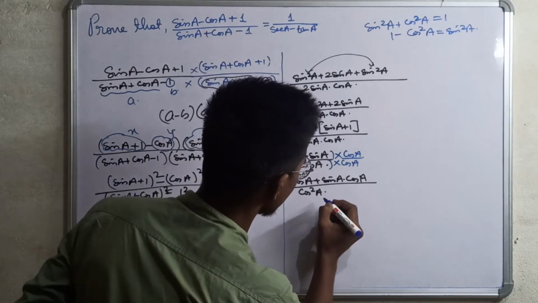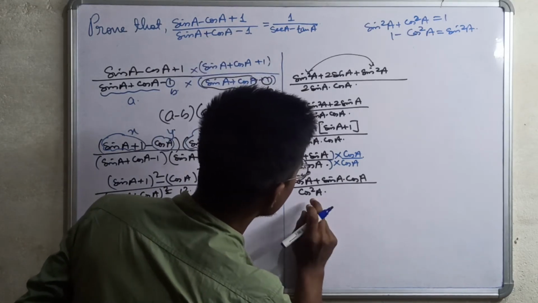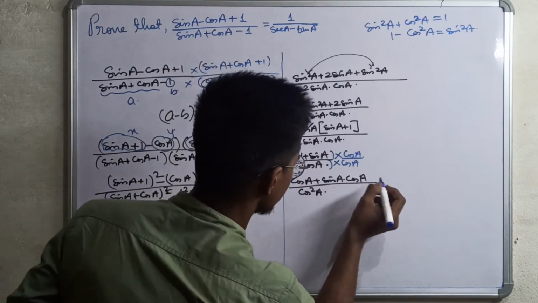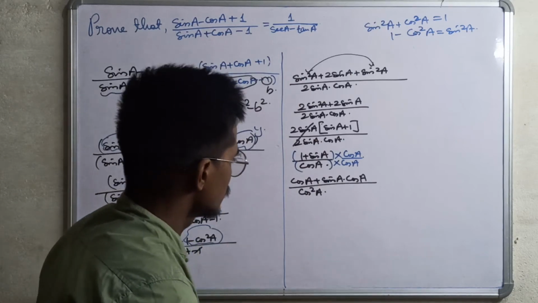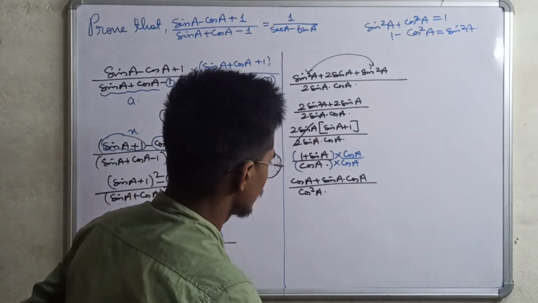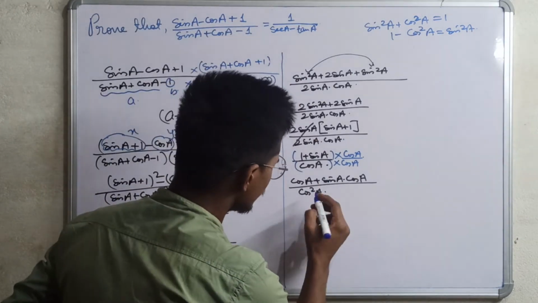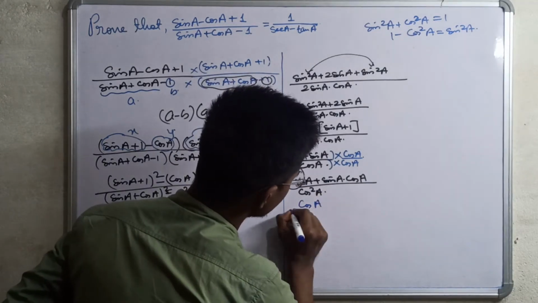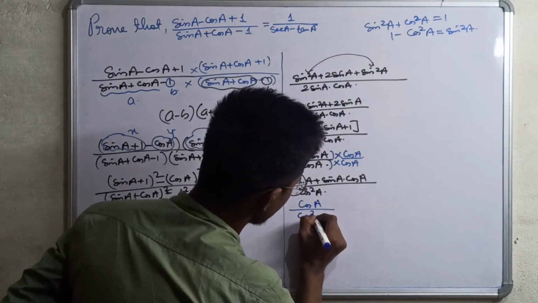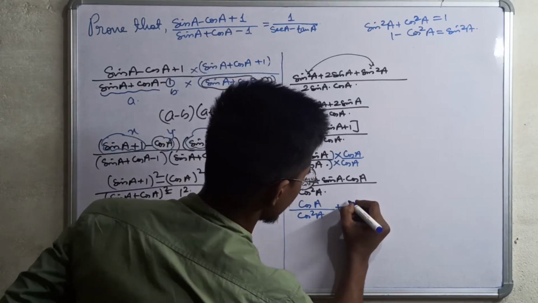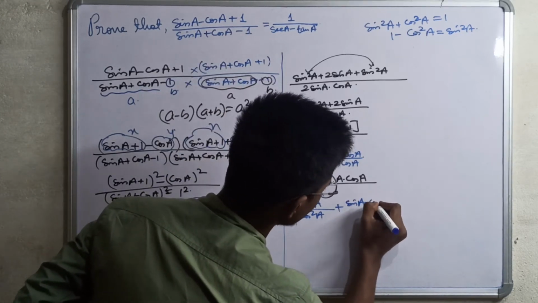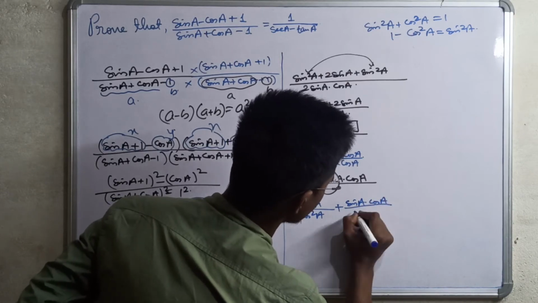Now you can write over here 1 plus cos square a plus sin a into cos a upon cos square a.